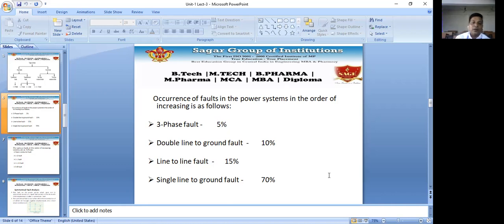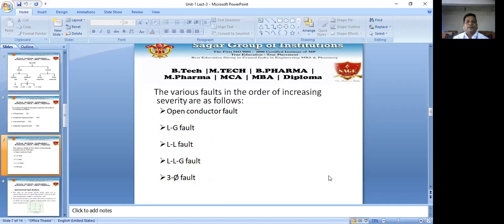So overall, the major fault is the single line to ground fault. The various faults in the order of increasing severity are as follows: open conductor fault, LG fault, line to line fault, double line to ground fault, and three-phase fault.